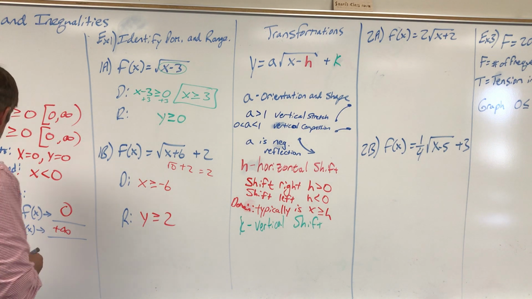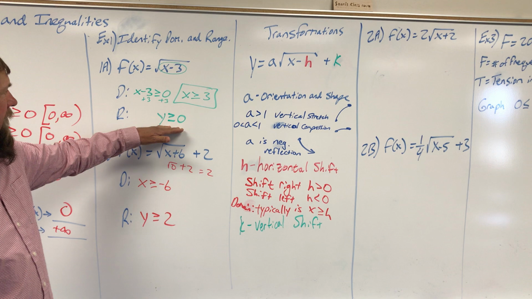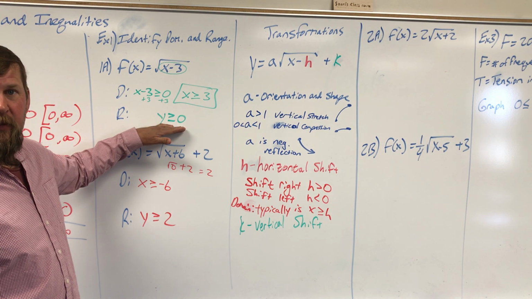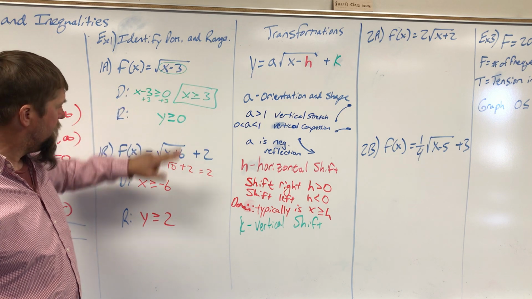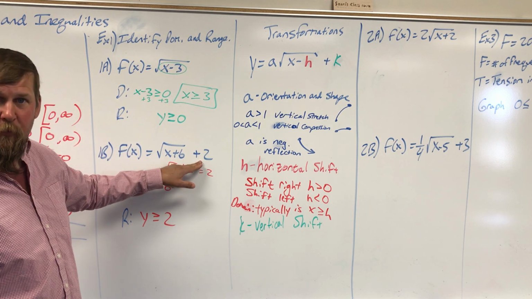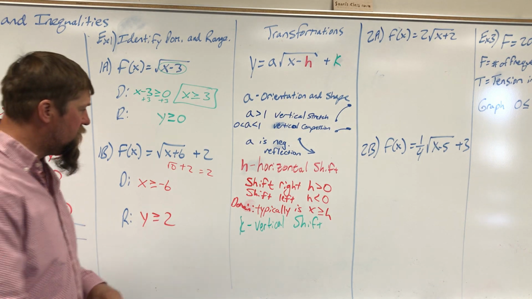Now k is the vertical shift of the graph. Just like back here, y didn't move. It still started at 0 because k is 0. But when k moved to 2, all of a sudden y had to be greater than or equal to 2.